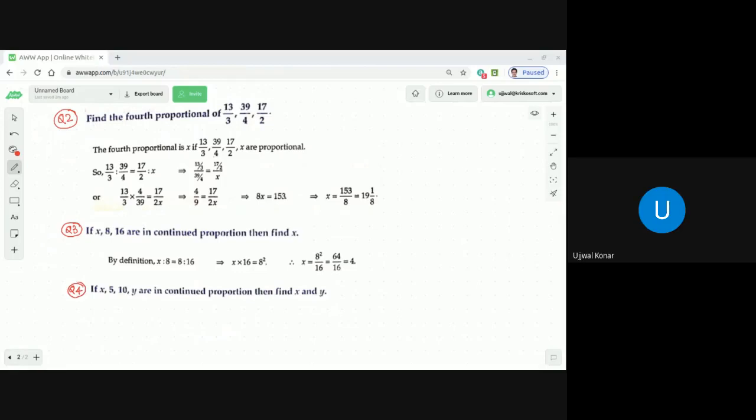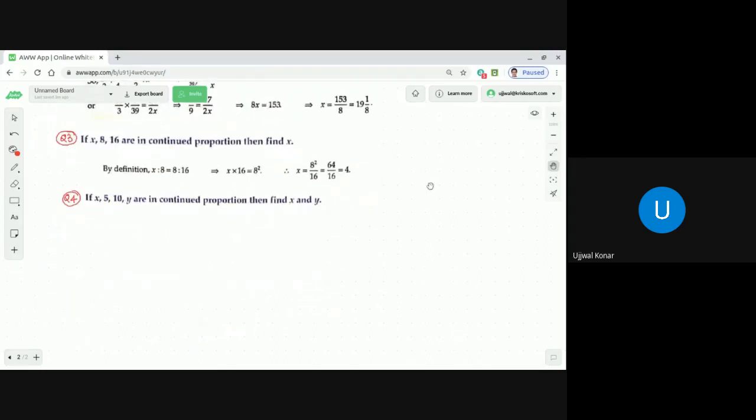Okay, let me help you understand this. Let's go back to the fundamentals. As x, 5, 10, y are in continued proportion, what can we conclude? We can conclude that x by 5 is equal to 5 by 10, which is equal to 10 by y. Correct or not? That is what continued proportion is.